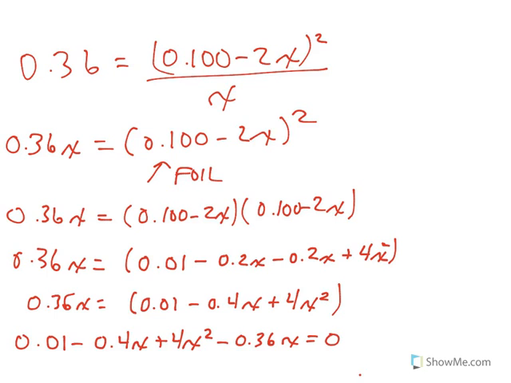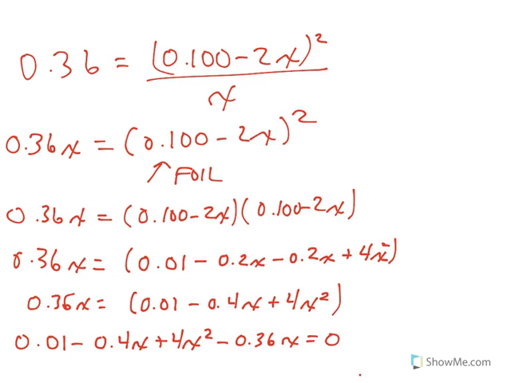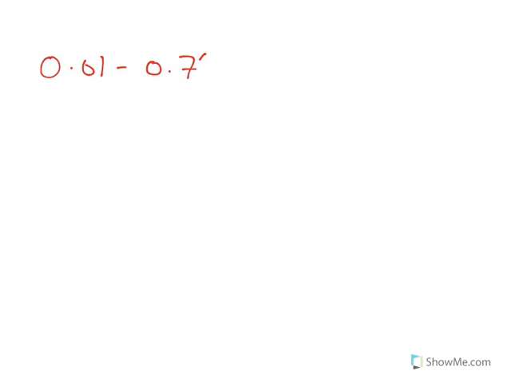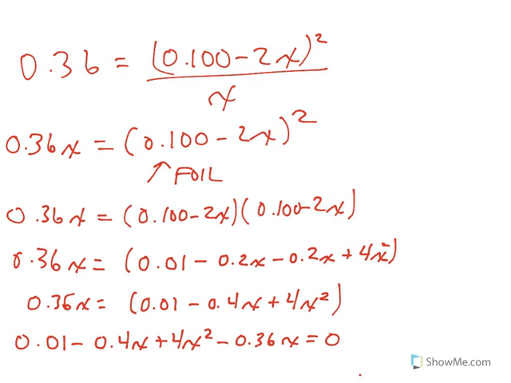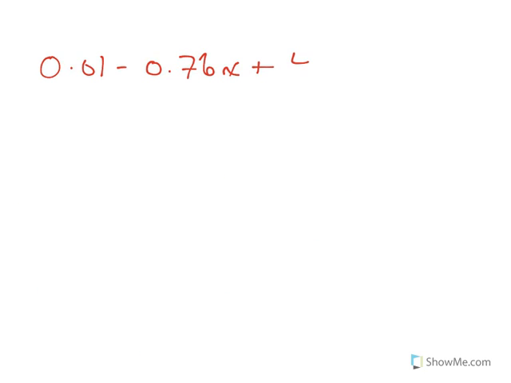And now I'm going to collect the two x terms together. Make sure I got that right. It's 0.4 and 0.36, which would be 0.76x, plus 4x squared equals 0.